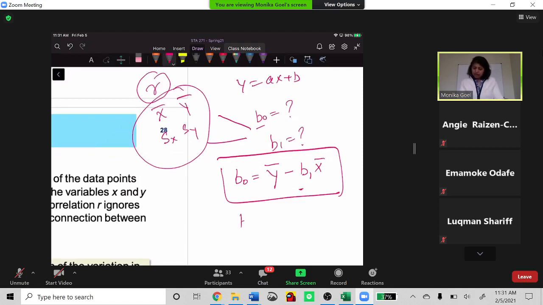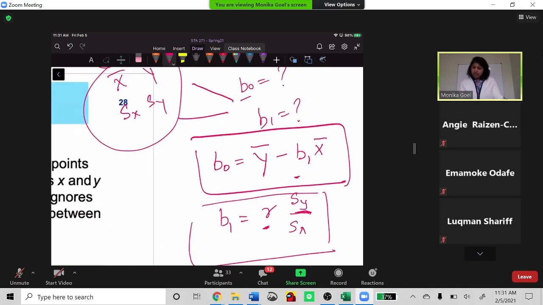And b1, this formula is in your slide. b1 is r times sy over sx. So slope is your correlation times the standard deviation of your predicted value. Remember this is sy, not sx. And then you divide by sx. The sy is the standard deviation of y, and sx is the standard deviation of x.